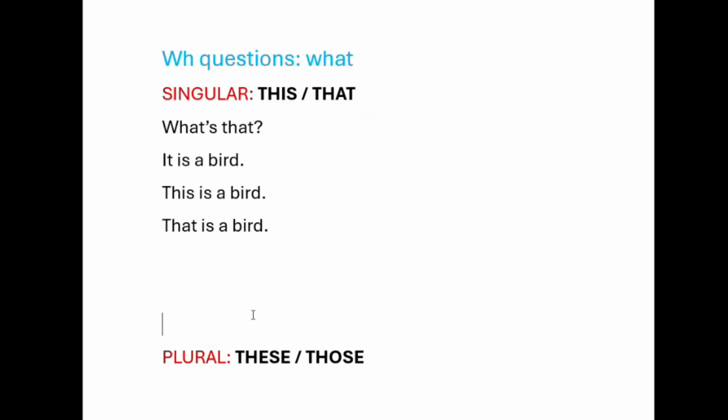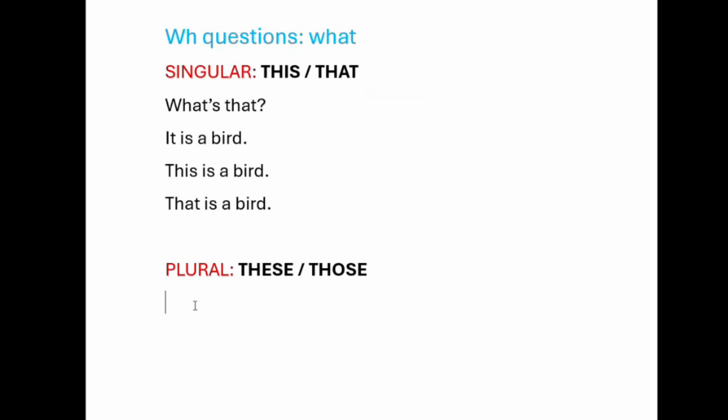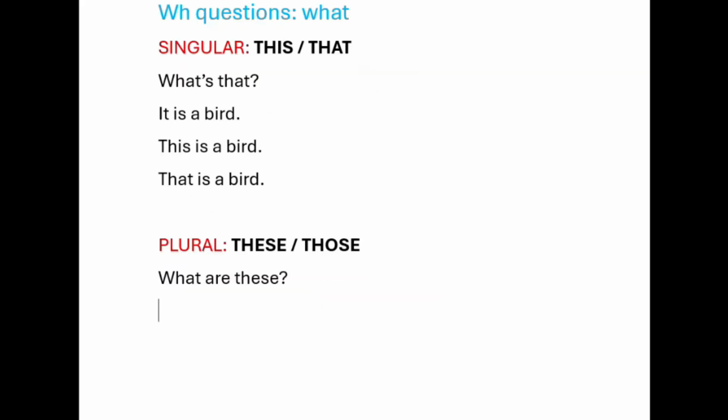So in the plural form, over here, we have the question, what are these? What are these? Okay, in this case, when you have a lot of objects close to you and you need to know, the person or the people are going to answer.